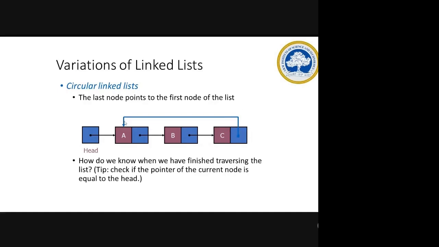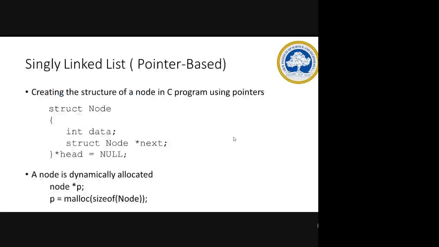Instead, it will hold the address of the first node, A. That is what is called a circularly linked list.